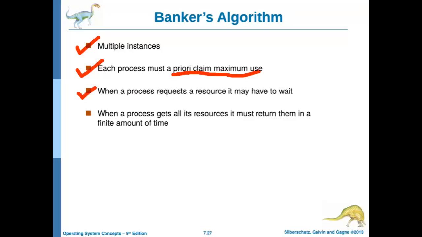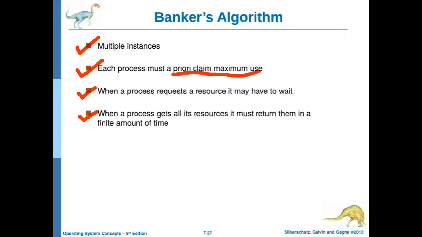Okay. And last thing is, when a process gets all its resources, it must return them in a finite amount of time. For example, say 5 different kind of resources required with say multiple instances, those will be allocated. Now that process has to return all the resources in finite amount of time. Okay, now why finite amount? Because other processes are waiting for that.